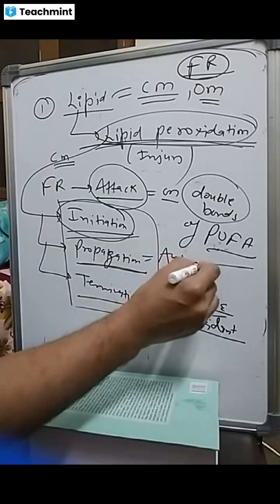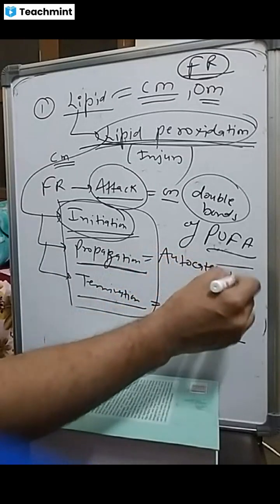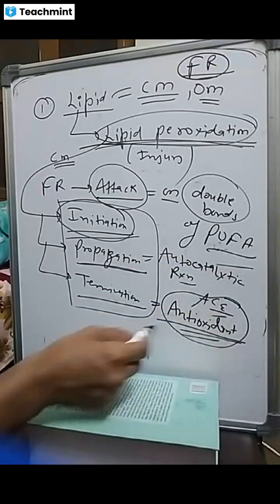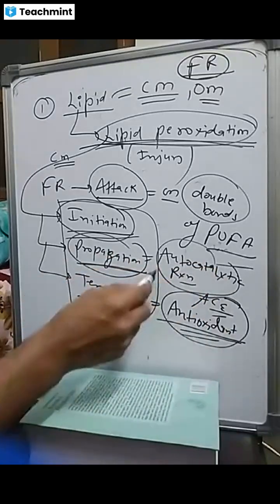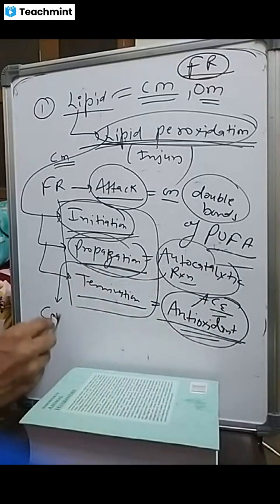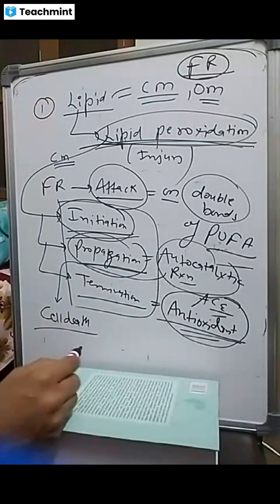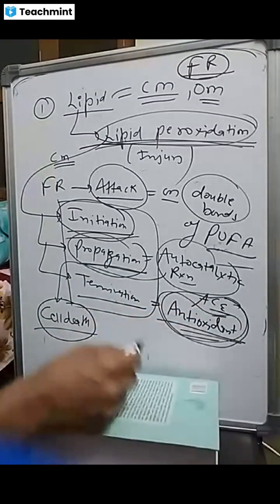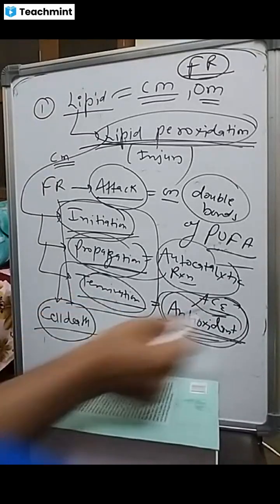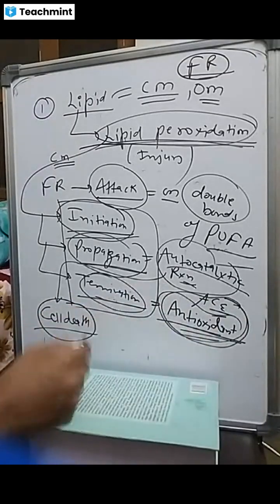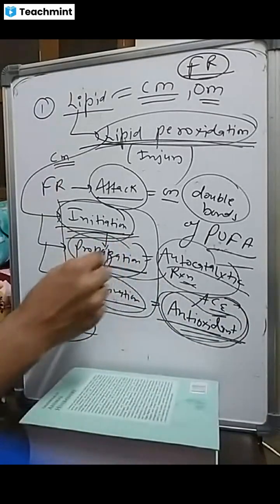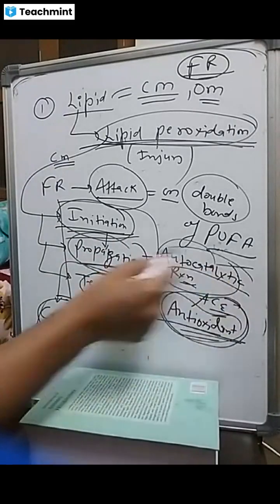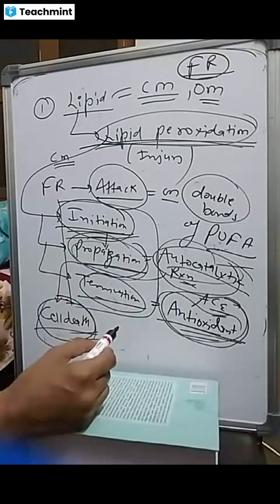Propagation is called autocatalytic. If the antioxidant termination mechanism is not present, then after initiation and propagation, it will lead to cell death because of this autocatalytic reaction.